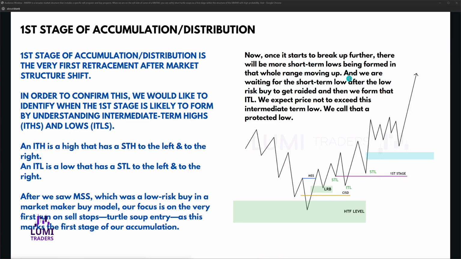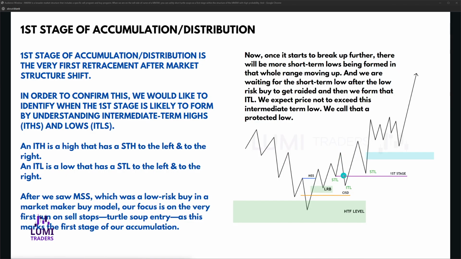So once again, I am waiting for the short-term low after the low risk buy to get traded, and then we form that intermediate term low. We expect price will not go lower and will not break this intermediate term low anymore. We expect to see this as a protected low.